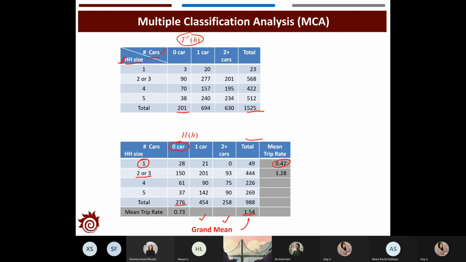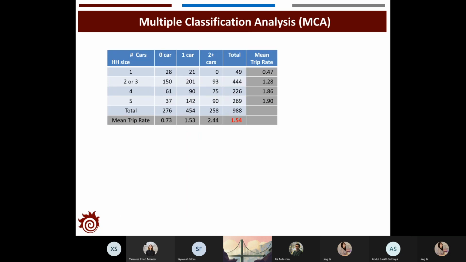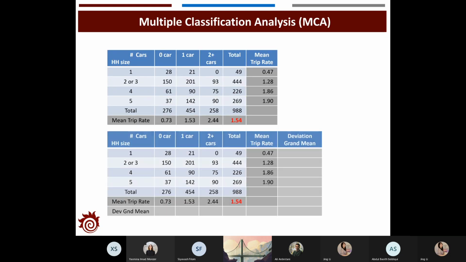This is the grand mean we're going to use for the calculation of the grand deviation. And that's the first step. We find the mean trip rates with respect to different categories of household size and number of cars, and the grand mean for the total number of trips and total number of households.